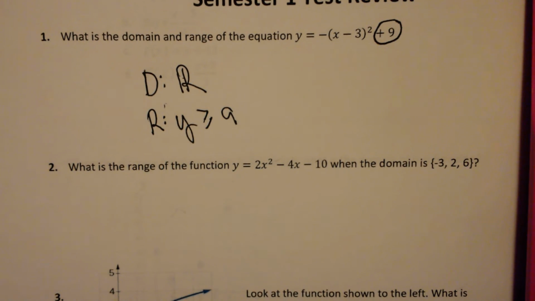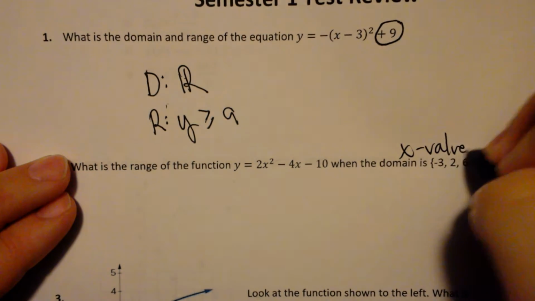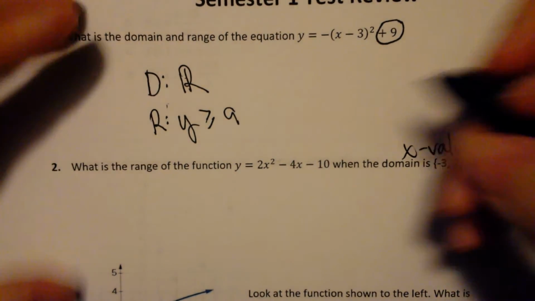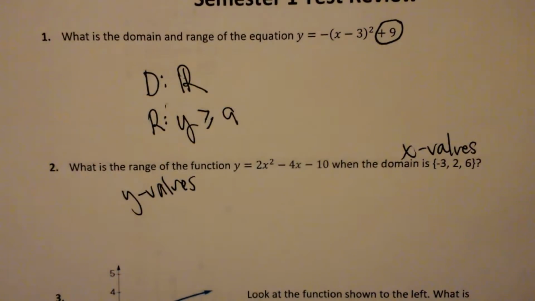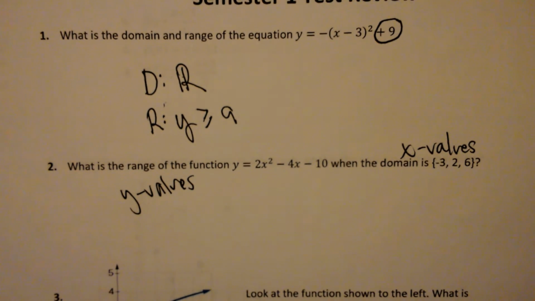So number 2, what is the range of the function y equals 2x squared minus 4x minus 10 when the domain is negative 3, 2, and 6? So it gives you some x values, and it asks you to find your y values. So I'm going to put that equation in y1 and go to the table.